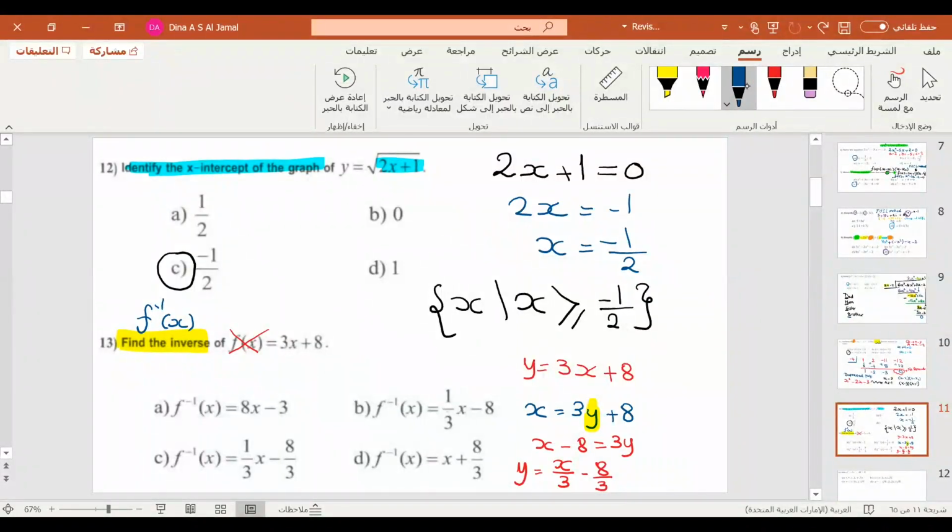Lastly, I will eliminate the y and leave the f inverse of x sign. Whenever I write x over 3, it means 1 over 3 multiplied by x. So it leaves you with the choice of C.